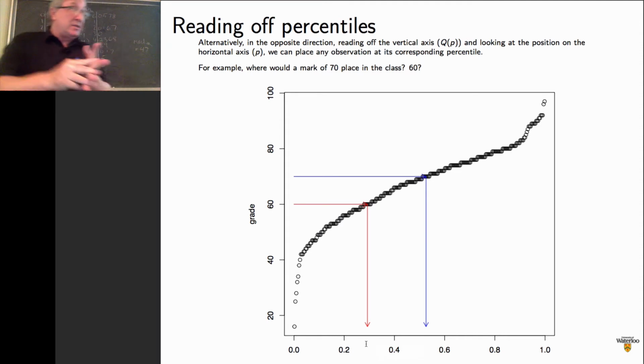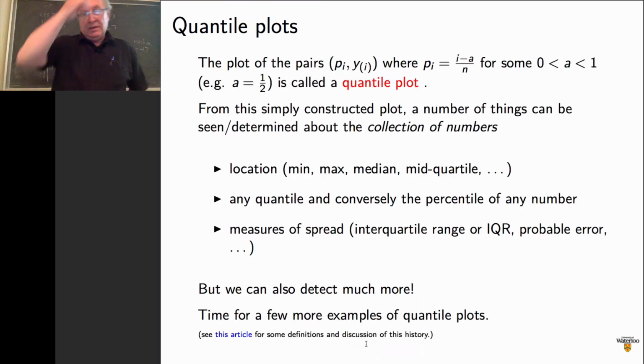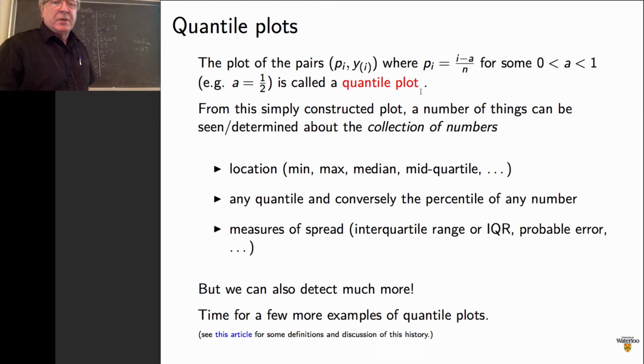And so by one dimension, I'm thinking here, what is the distribution of numbers in a single dimension, that single set of measurements? So, back to points. Typically what we plot are the pairs, the ordered values, and instead of just i over n, i minus some small fraction over n. The default value is 1/2, but there are other choices that could be made.